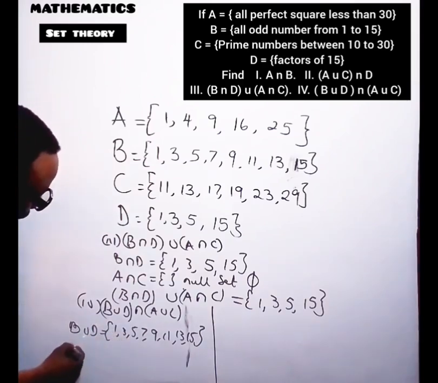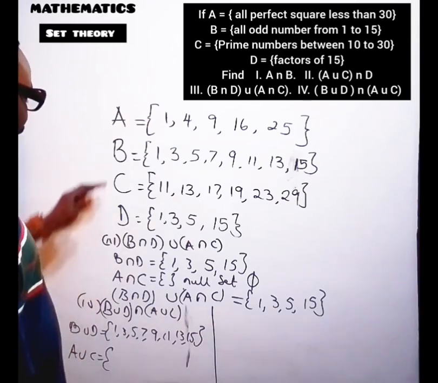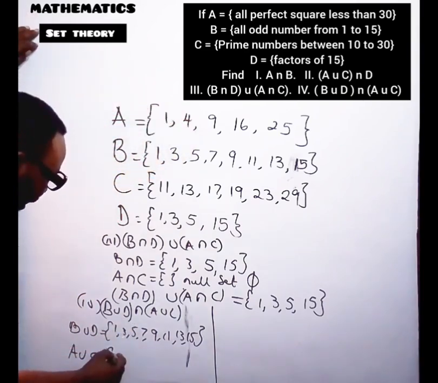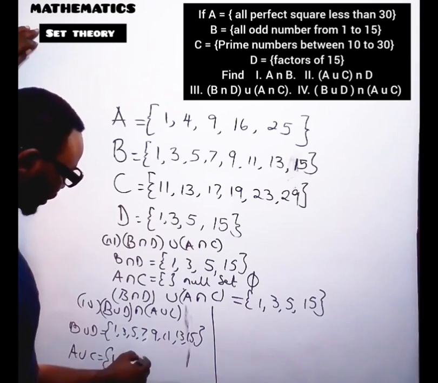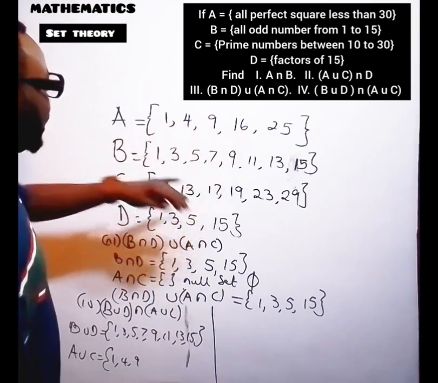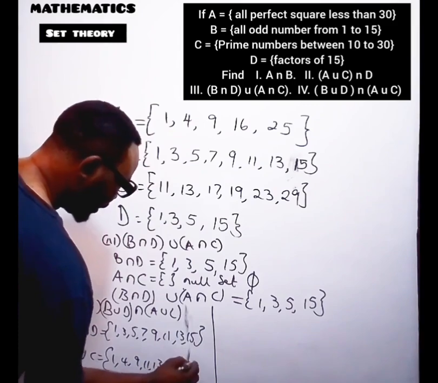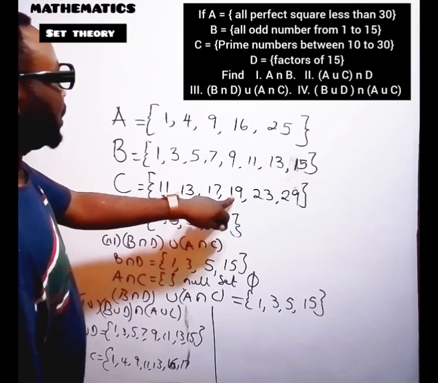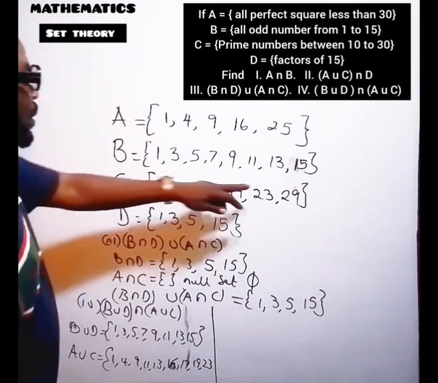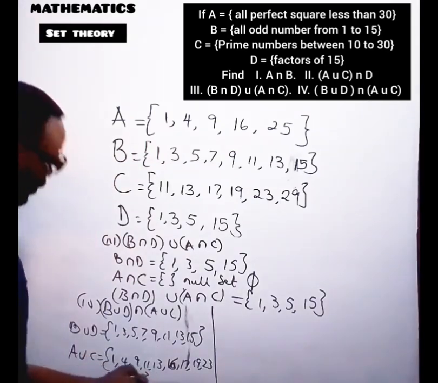Now, what is the value of A union C? A union C will be 1, 4, 9. Everything there, you have to write it out. 1, 4, 9, after 9, then before 16, we have 11, 13, 16, 17, 19, 23, 25, 29.